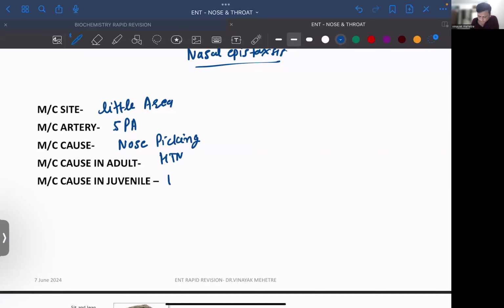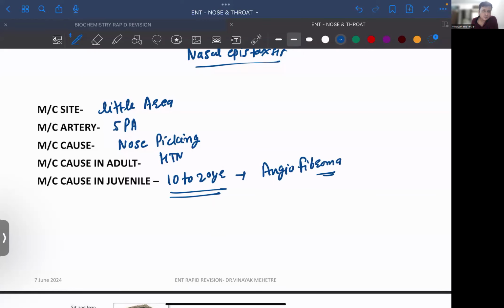Remember, whenever you are getting question from 10 to 20 years, 10 to 20 years of age, the most common cause of nasal epistaxis is always going to stay as angiofibroma.